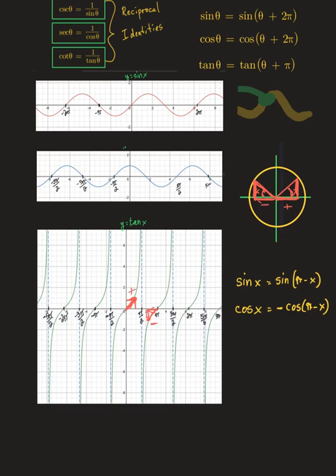So the angle x and the angle pi minus x both have a delta y over delta x which is the same, except one will be the negative of the other. You're going to get a positive over a positive on this side, a positive over a negative on this side. And so tan of x is just going to equal the negative tan of pi minus x.